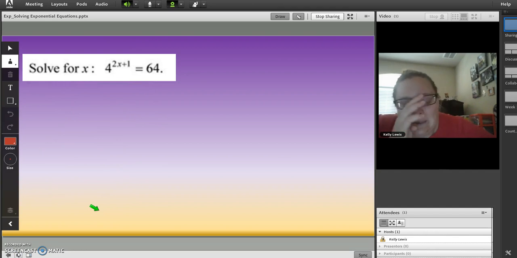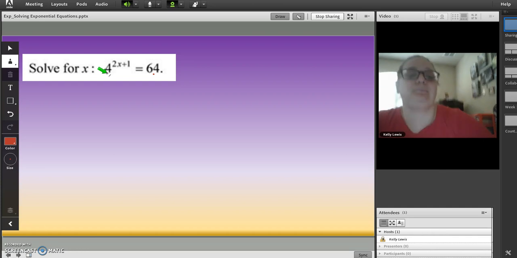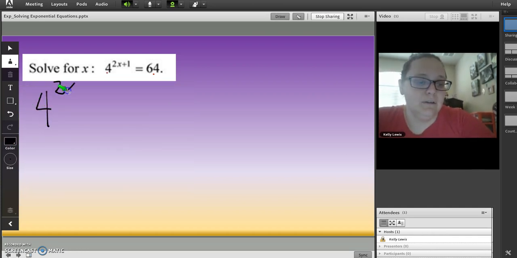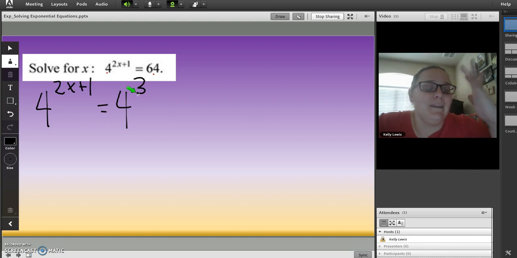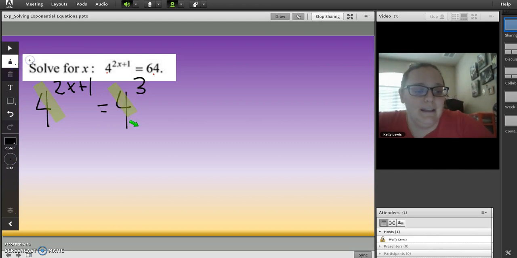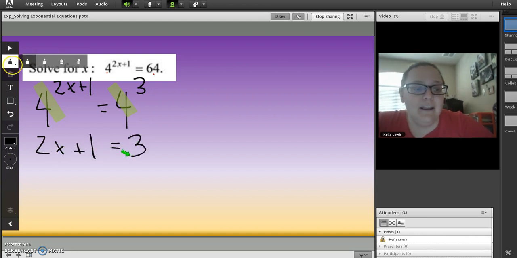All right, let's do this one. Here we have a clue that we need 64 to have a base of 4. We could do it in our head, or we can do 4 squared, 16, 4 cubed, 64. So I'm going to write 4 to the 2x plus 1 equals 4 cubed. Now they have the same base, and I can just look at the exponents. So I have 2x plus 1 equals 3, and I need to solve for x.